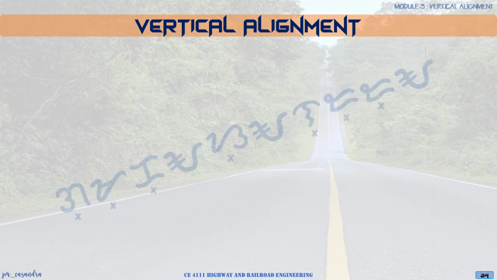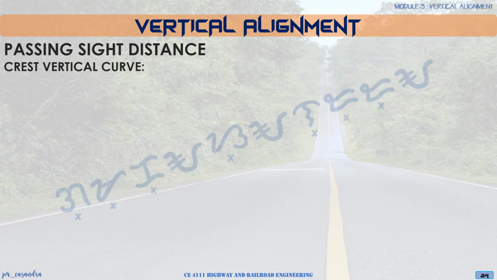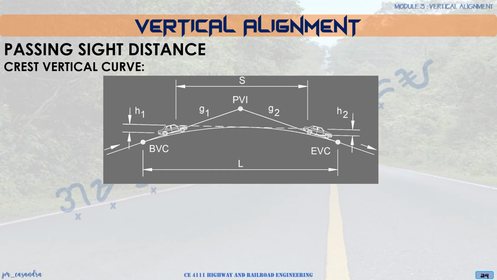Okay. So for the next sight distance for vertical curves, we have passing sight distance. It will also be dependent on our S, the length of the curve, G1 and G2, as well as the heights of your approaching vehicle and the vehicle that has to be passed.